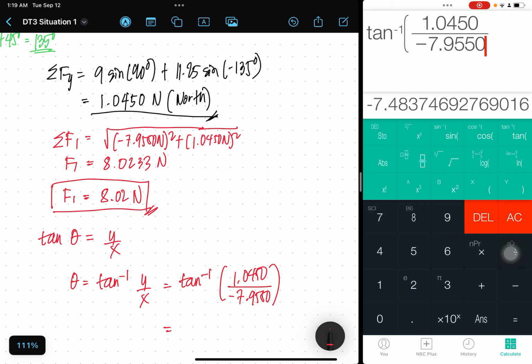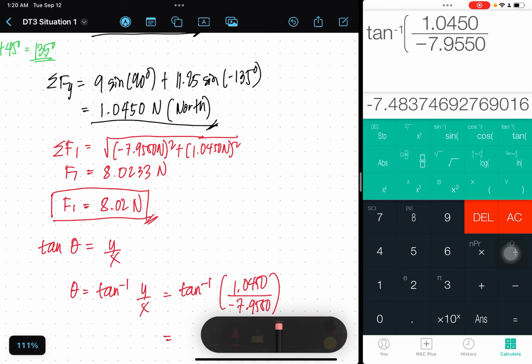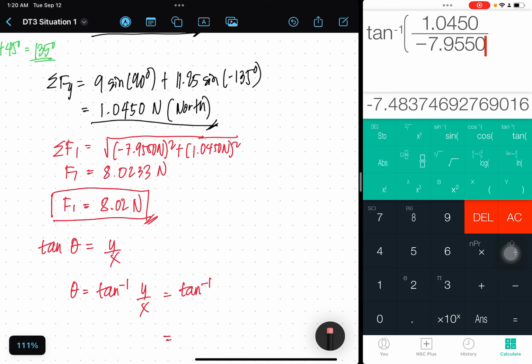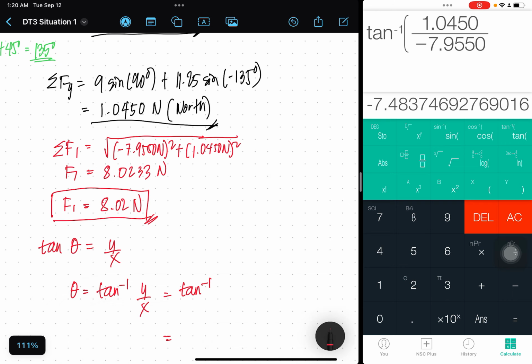Tama ba? Oo nga, sorry. So, y pala dapat. Baliktad yung value ko. Ito yung y. Ang y po natin, ito, 1.0445.